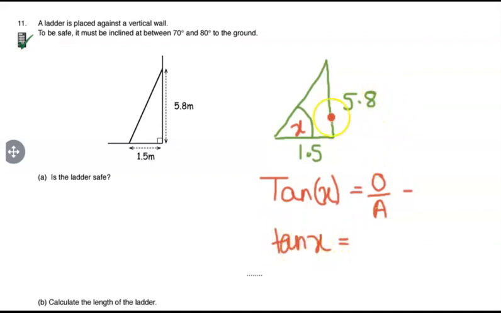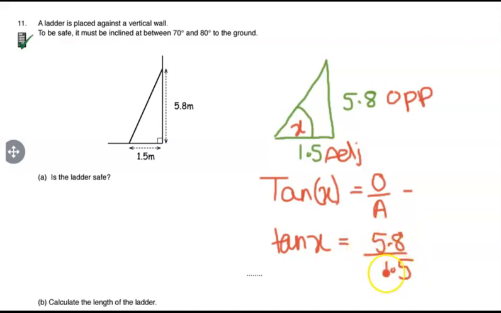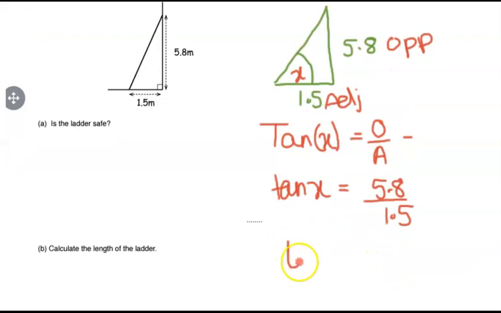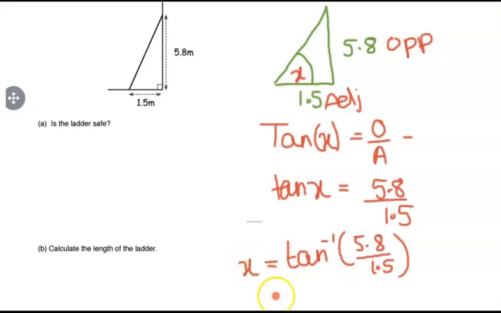This is opposite, and this value is adjacent, 1.5. You can leave it like that, or you can do the tan inverse on the other side. And if you put that in the calculator, you will get an answer for x.